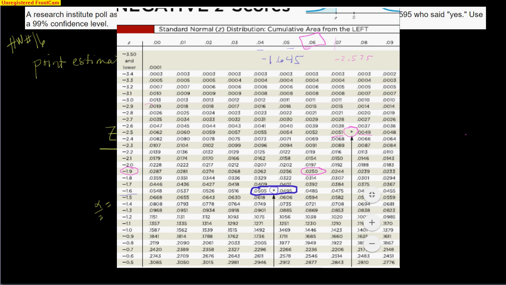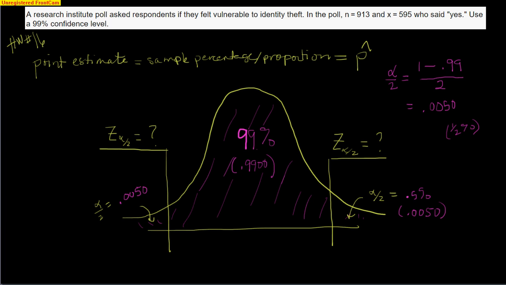Let's go back to our table and write that in. Z is equal to negative 2.575 on this side and positive 2.575 on the positive side. It makes sense that this would be so big because this is 99% under here, so these critical values are pretty far out.